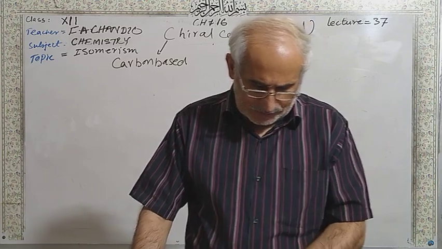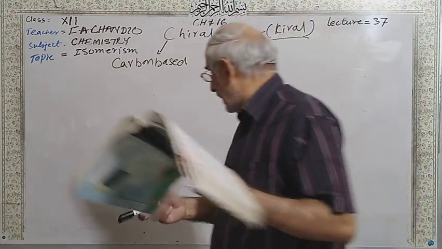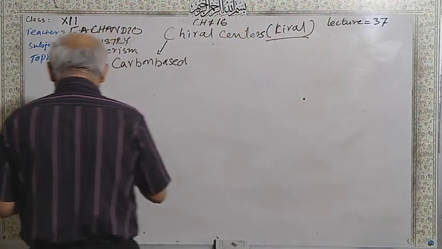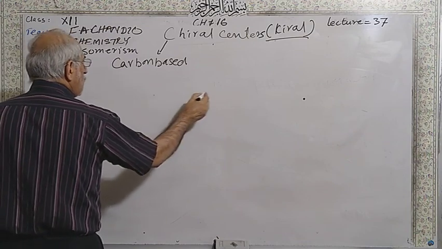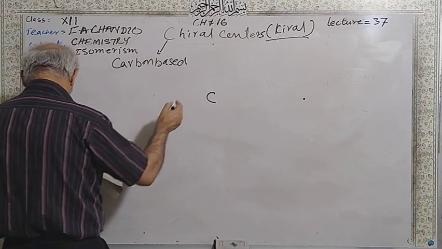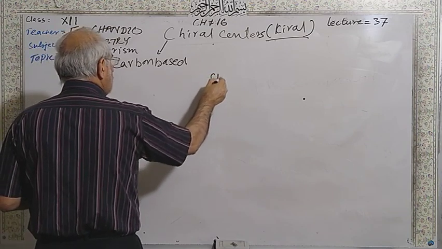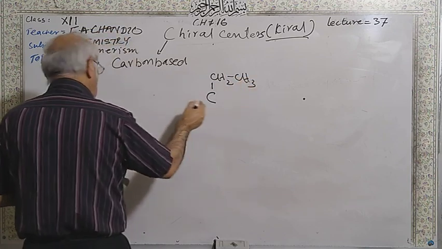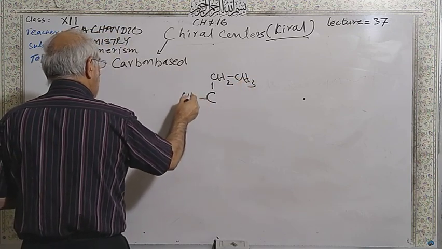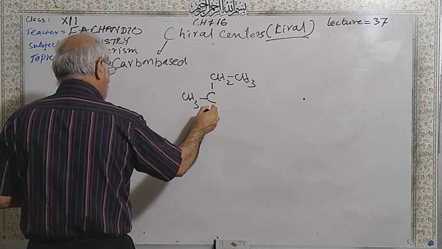These are called chiral. This is an asymmetric carbon. This is a carbon center. On the top, ethyl group. Left, methyl group.